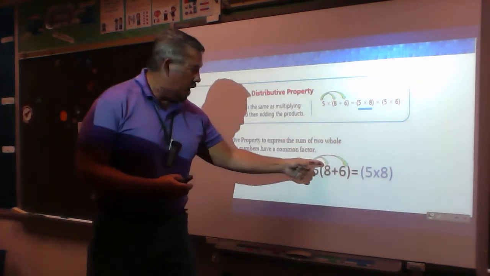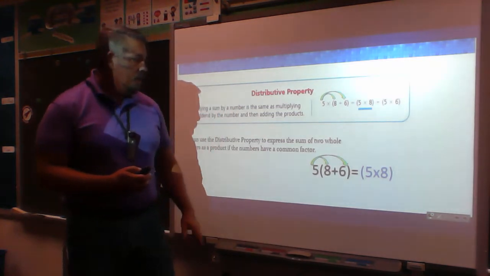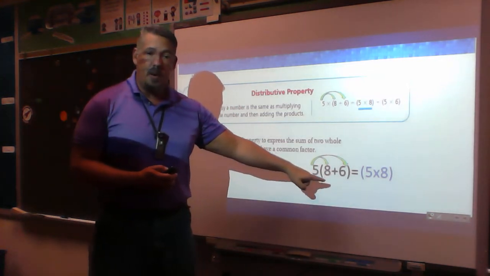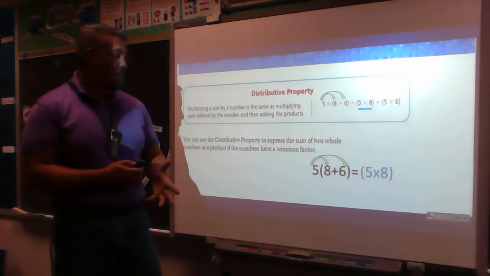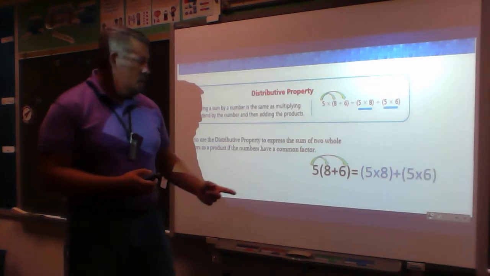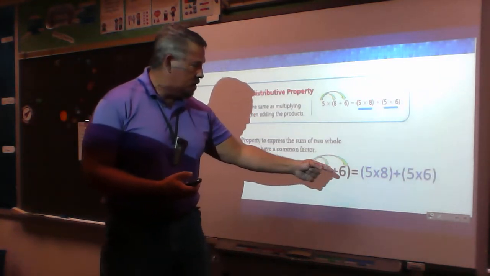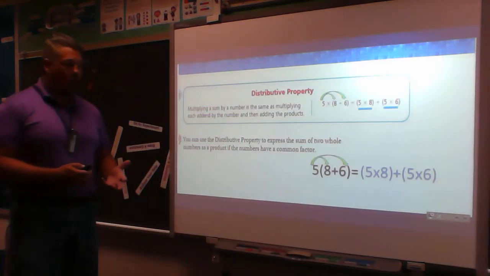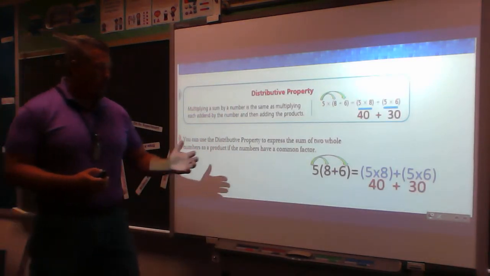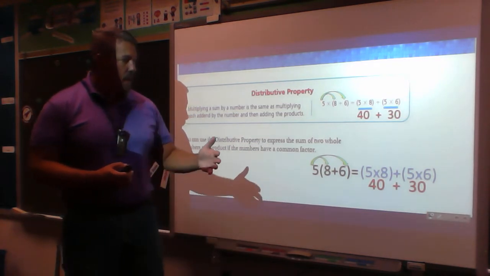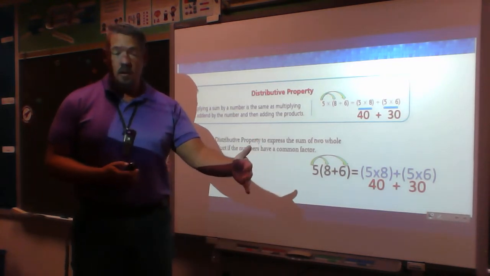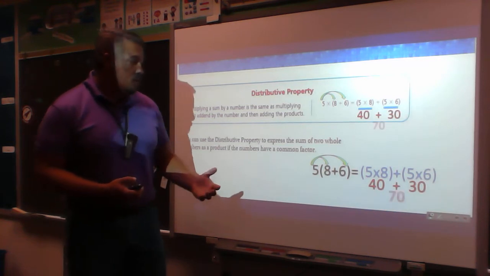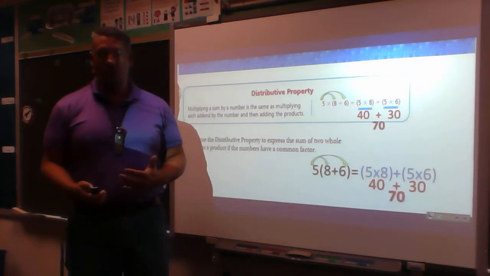So 5 times 8, and I write it down. I'm going to keep it as addition because that's what it shows inside the parentheses between the 8 and the 6. Then I would take 5 times 6, and I would write it down. And then I can go through and solve those problems. Well, 5 times 8 is 40, and 5 times 6 is 30. And if I add those together, then those would have to equal 70. Okay?